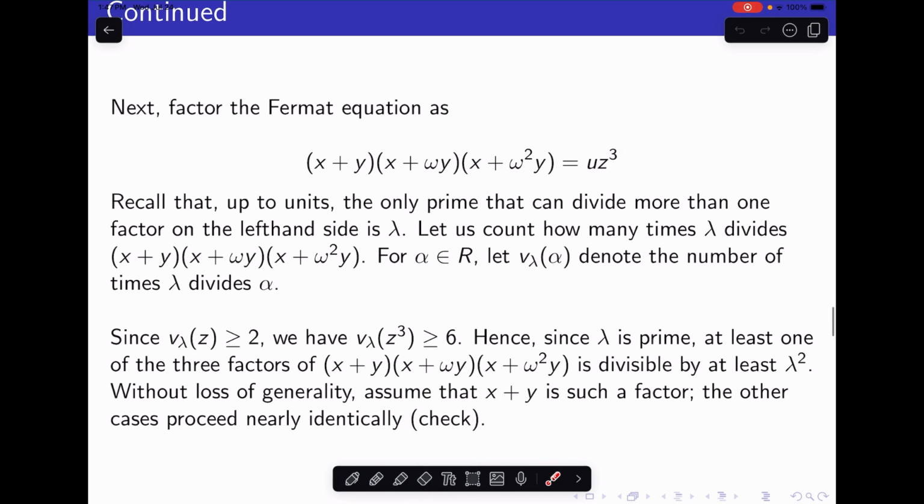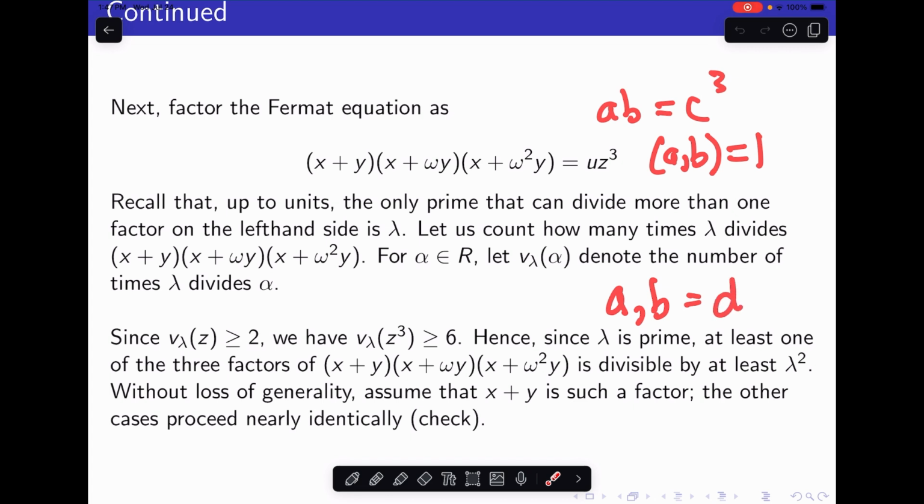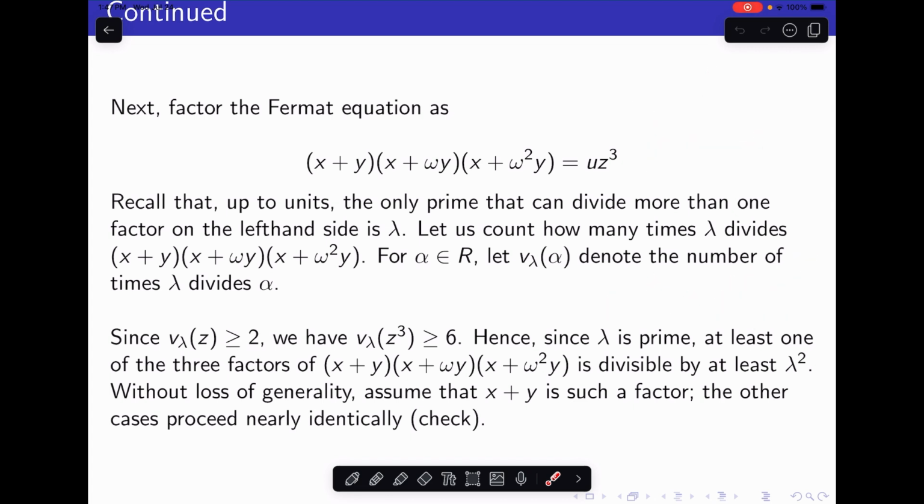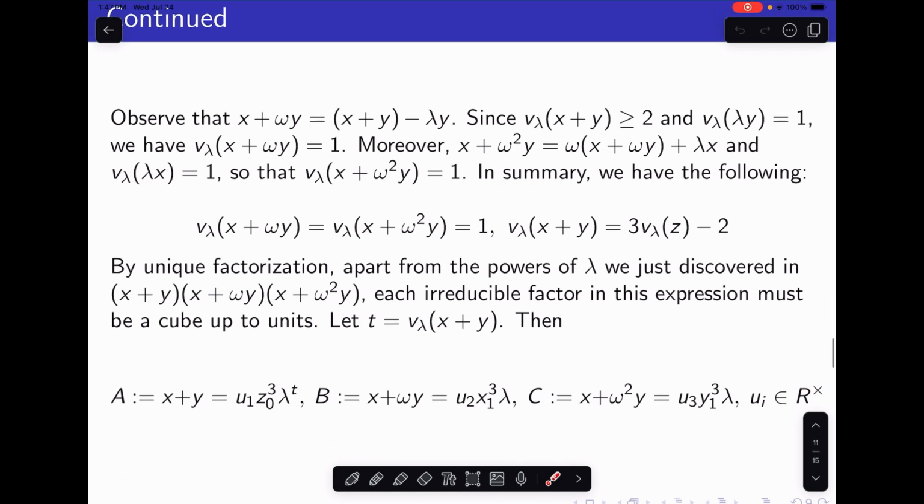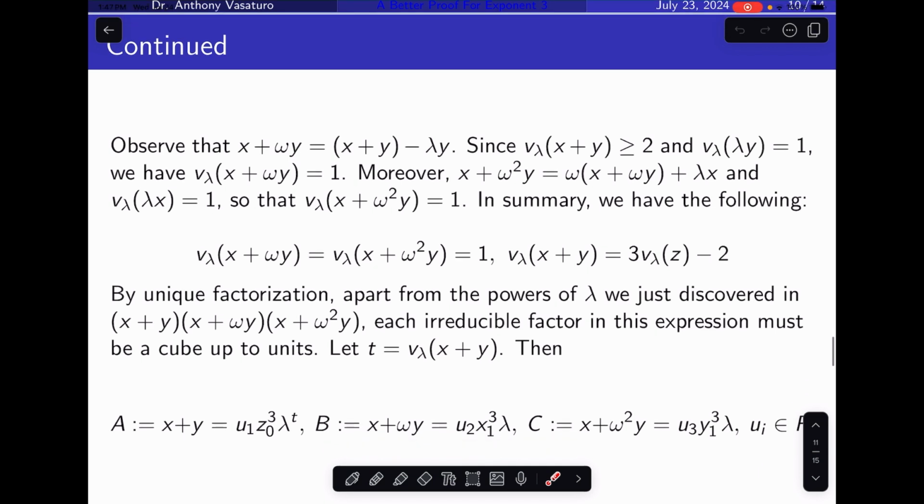It's analogous to the fact, in the standard integers, that if a times b is c cubed, and a and b are coprime, then a and b are cubes. If you've never seen that before, it's a consequence of the fundamental theorem of arithmetic, which is basically unique factorization. The same thing holds in R.